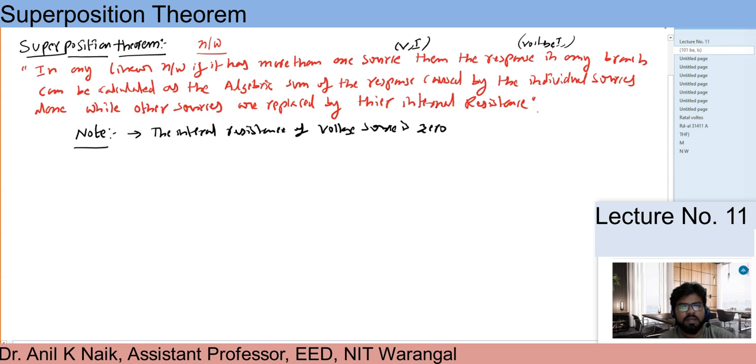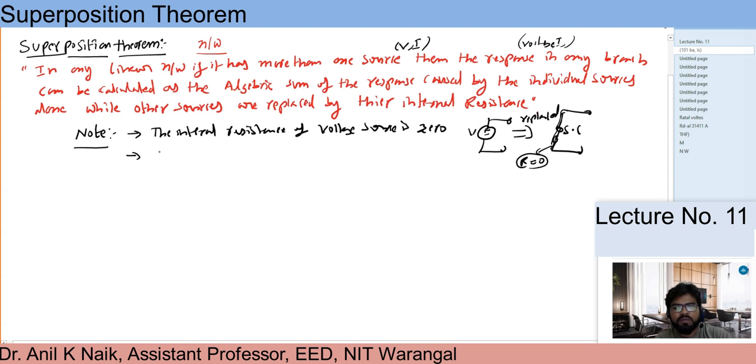If the internal resistance of the voltage source is 0, then your voltage source can be replaced with simply a short circuit, something like this, because the internal resistance is 0, R equal to 0. So this is what you need to remember.